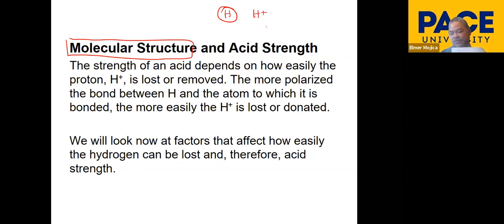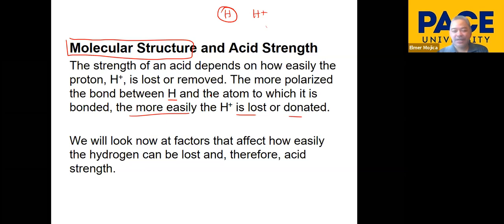They said the strength of the acid depends on how easily the proton is lost or removed, dissociated. So we want the hydrogen to be given up easily. The easier it is to give up, the stronger the acid. Now, the thing that we can look at is that the more polarized the bond between hydrogen and the atom to which it is bonded, the more easily the hydrogen is lost or donated.